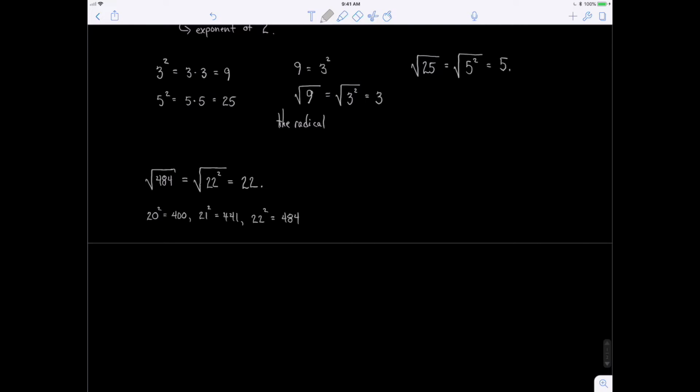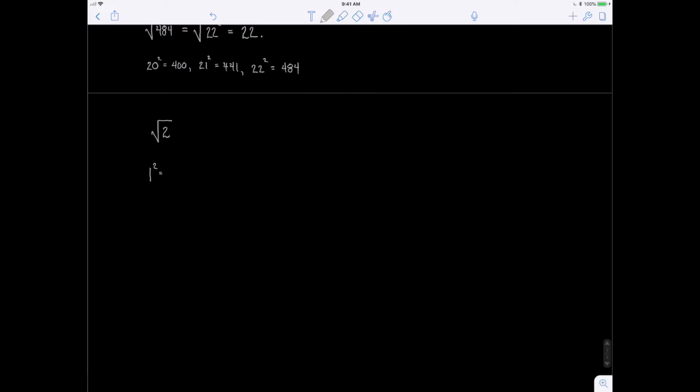Okay. Now, here's an interesting one. Let's try the square root of the number 2. Well, let's see. Is that a perfect square? Well, if I take 1 and I square that, I get 1. What if I try 2 and I square that? Well, that's 2 times 2, but that's 4, so that's far too large.